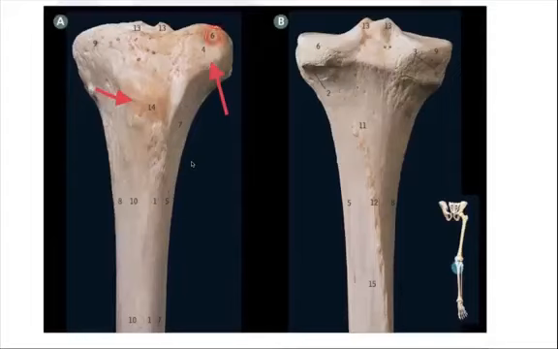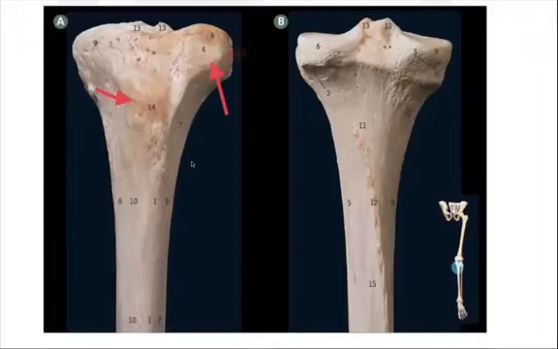Number 6 is the lateral condyle. And number 4, which is a very important point, is the impression for the iliotibial tract, also known as, can anyone tell me? It is a tubercle. Excellent.